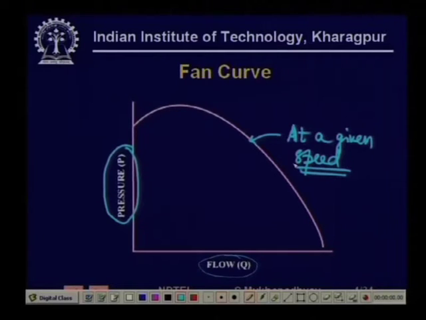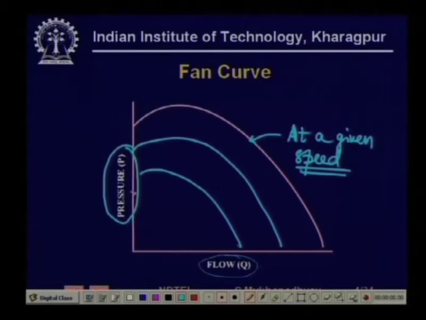So, if the speed of rotation is changed, then this characteristic will shift up and down. Actually, you will get a family of characteristics with decreasing speed, right. So, this is the characteristic of the fan as such.